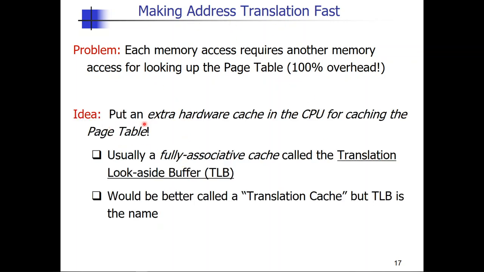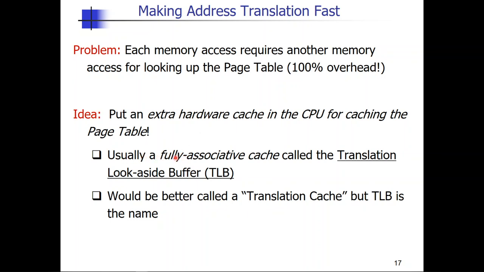So that's the idea. Put extra hardware cache in the CPU, on the processor chip, for caching the page table. And that page table cache is called a translation look-aside buffer. It's a mini page table that resides very close to the processor in hardware that's on chip.